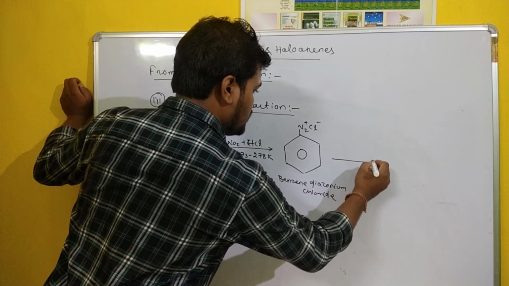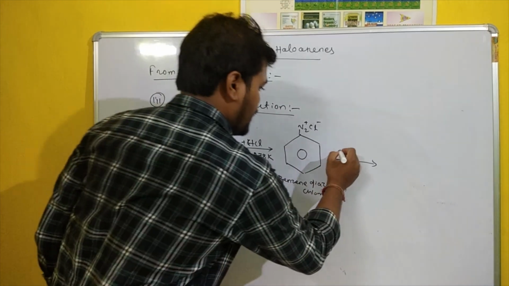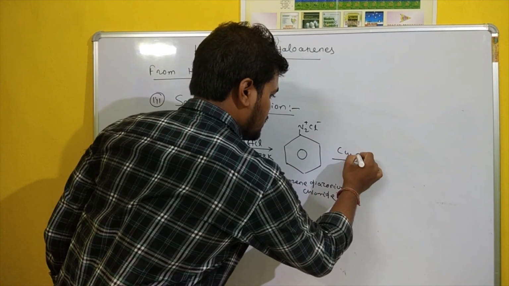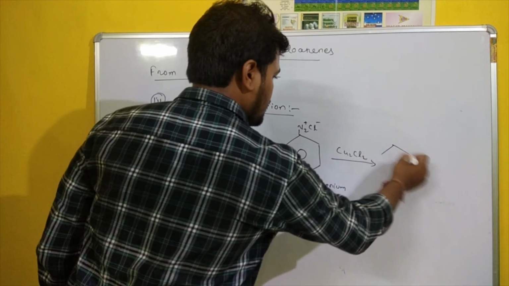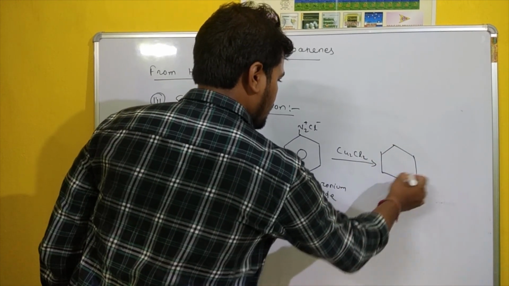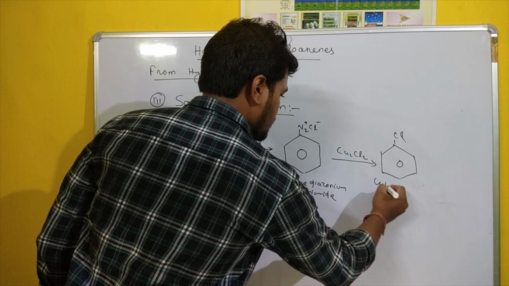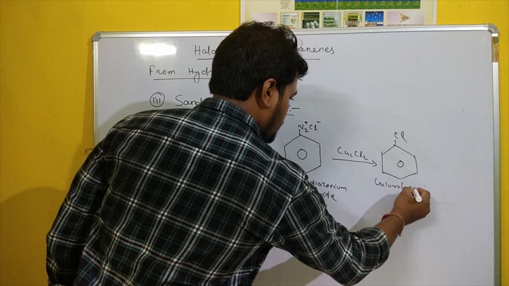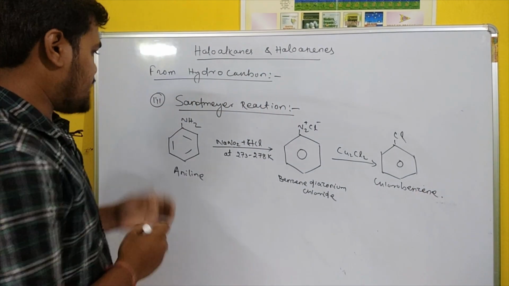When benzene diazonium chloride reacts with cuprous chloride Cu2Cl2, it gives chlorobenzene. This is chlorobenzene. So this is the Sandmeyer reaction.